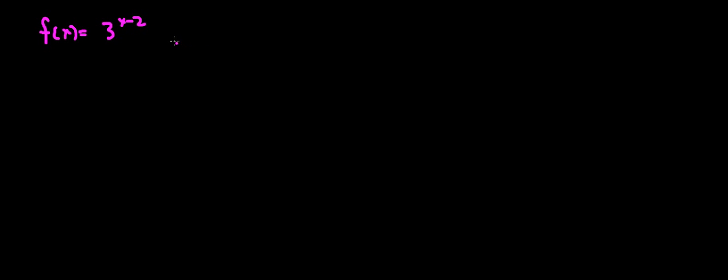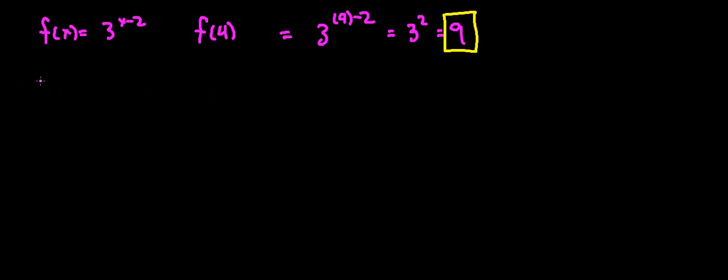And let's suppose I want to take the function value at 4. This works just like any polynomial that we've been dealing with. It's nothing different, except we're going to put 4 in the place of the exponent. We're going to have 3 to the 4 minus 2, which is equal to 3 to the second, which is equal to 9. That's it. That was very simple.